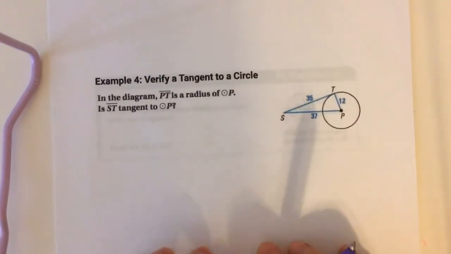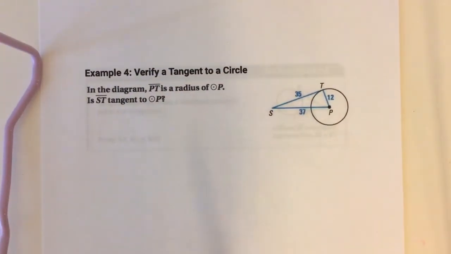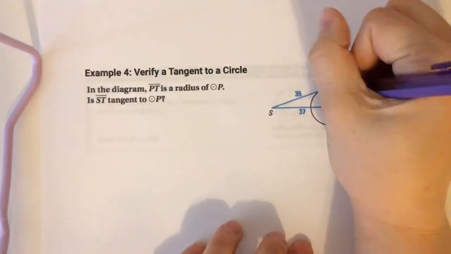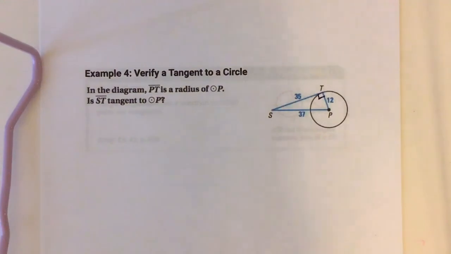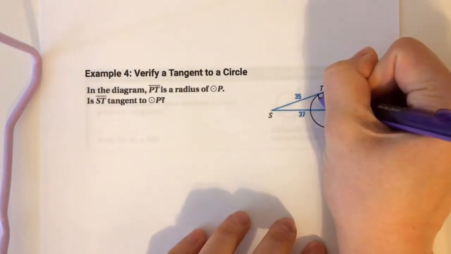So take a look at example 4 here. In the diagram, PT is a radius of circle P. Is ST tangent to circle P? So basically we want to see, is this a 90-degree angle right here? And we're going to end up using the converse of the Pythagorean theorem. Basically we're just seeing, is the Pythagorean theorem true? Is it a right triangle?